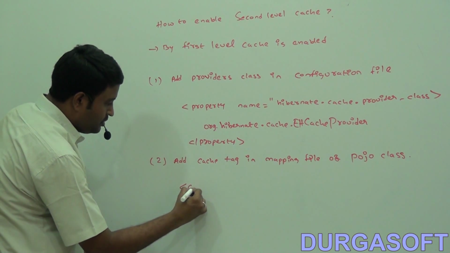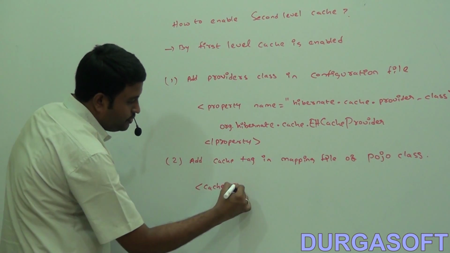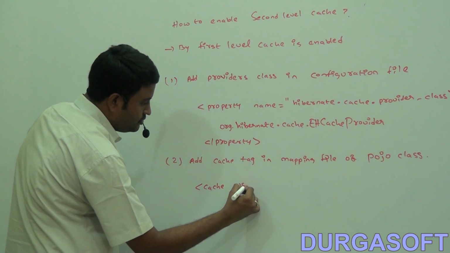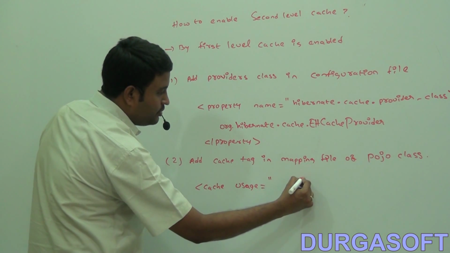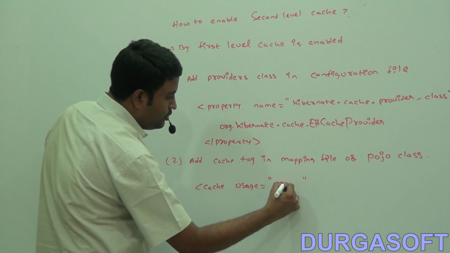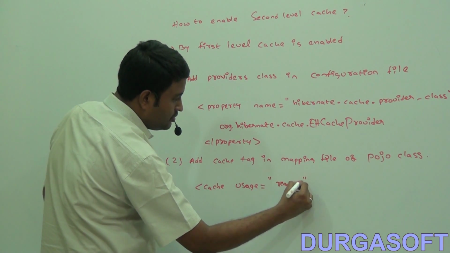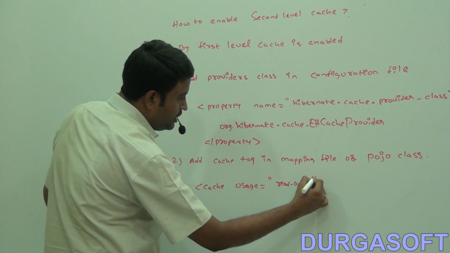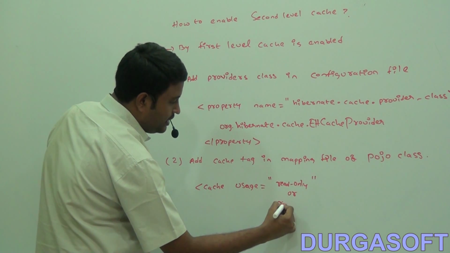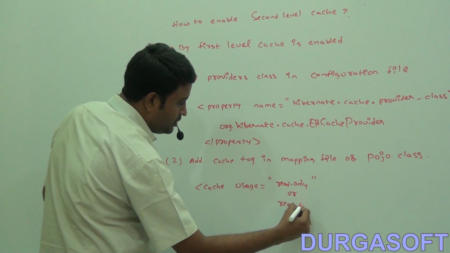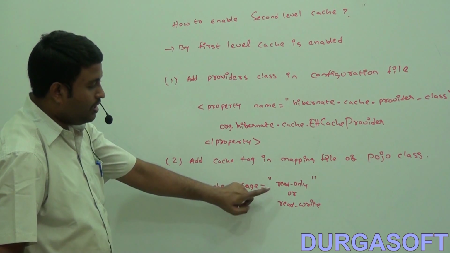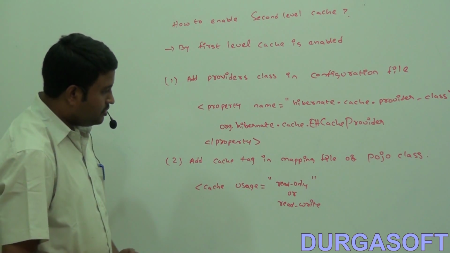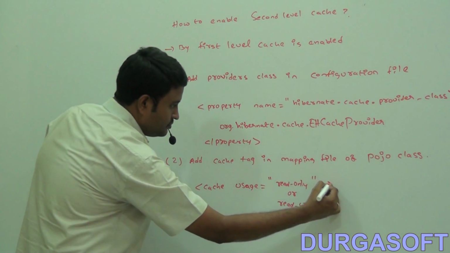Example, cache usage equal to, here we pass two values, either read-only or read-write.